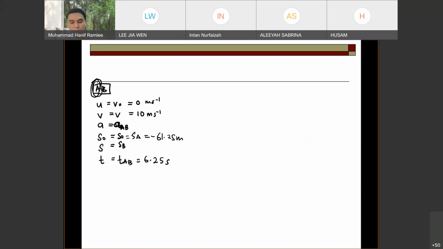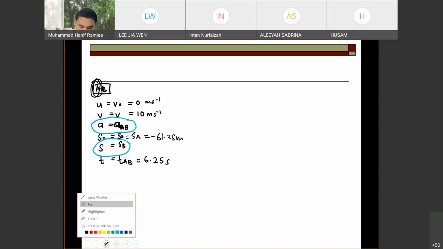So you have this information, then you can use the formula to calculate the answer. Same as the previous one, where you can utilize the first formula and the second formula to get the value of acceleration and the value of displacement. Okay, so let's do it.